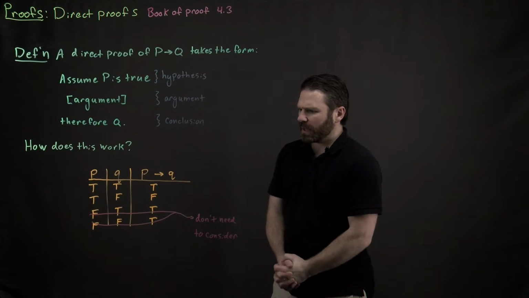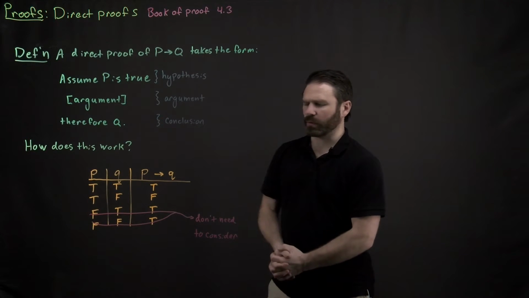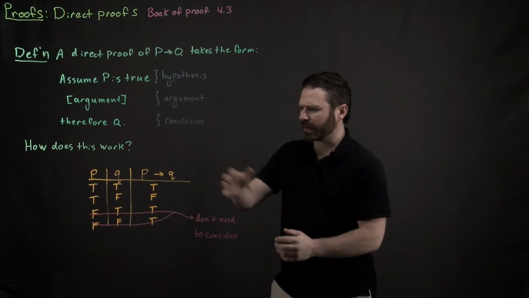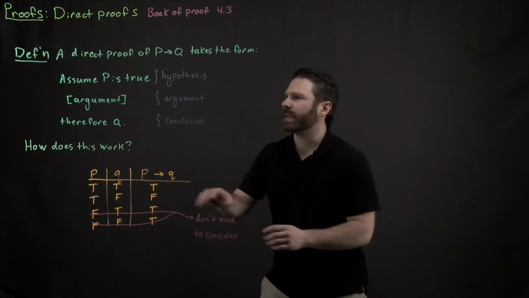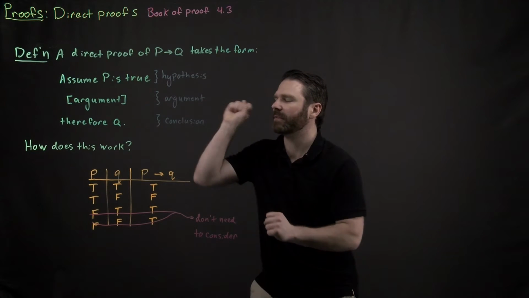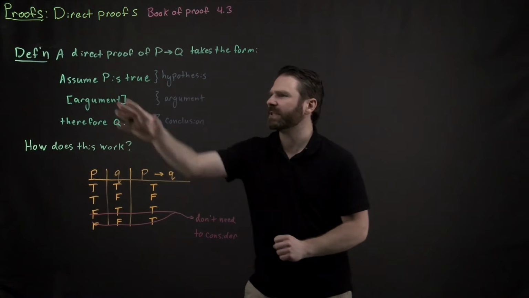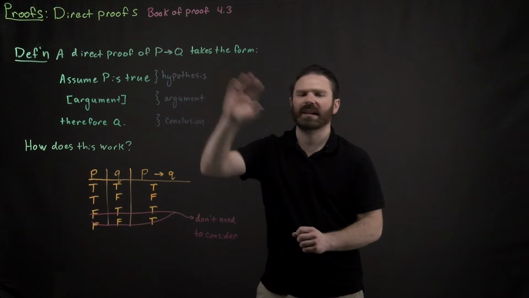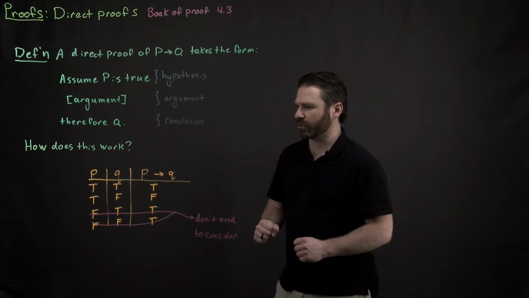And so the only thing that we have to do is really concentrate on these couple of rows of our truth table, the very first two. And those first two is when P is true. So that's why, with this proof technique, the very first thing that you do is you assume that P is true. Because you already know that if P is false, your claim is already true, so you don't care about that. So you assume P is true.